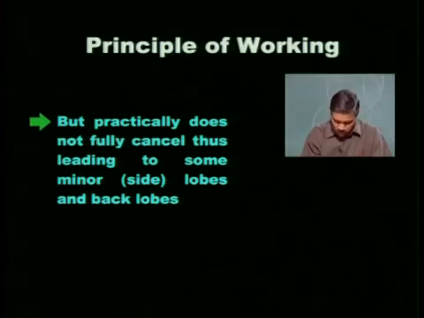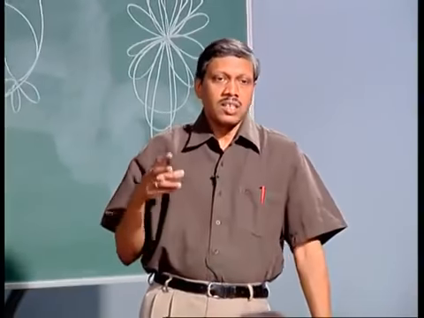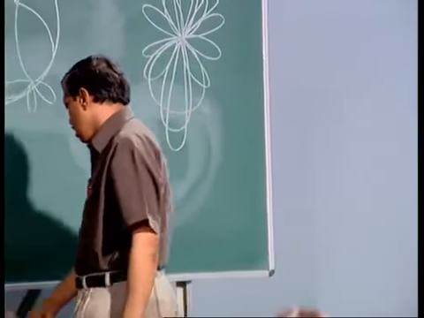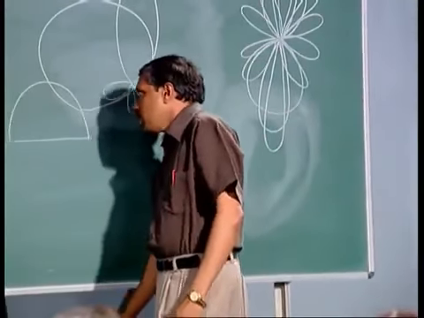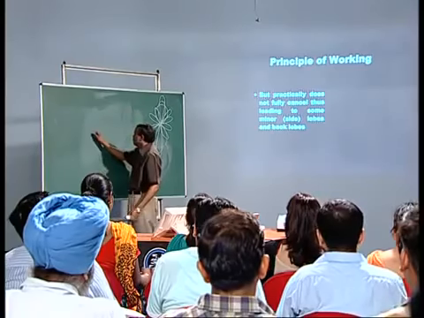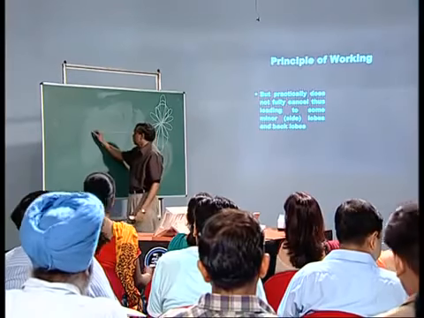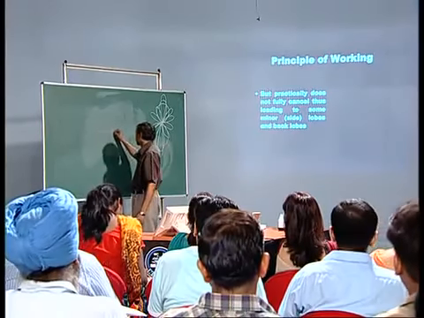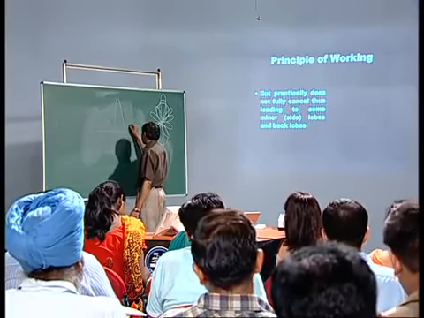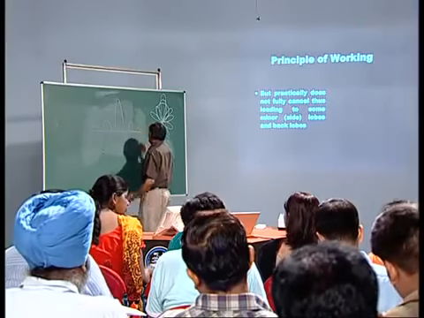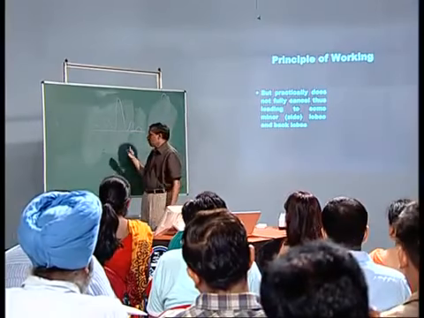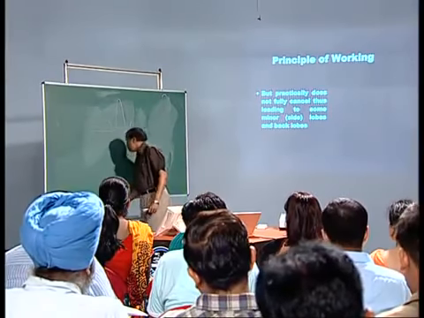Like in a single antenna also you will have a main lobe, as we discussed in your class, along with that you will also have side lobes. So, maybe this may be a scenario for the individual antenna. When I go for the array, it may be like this.